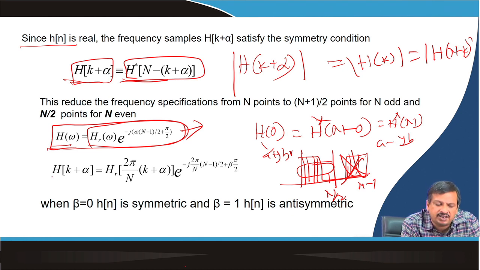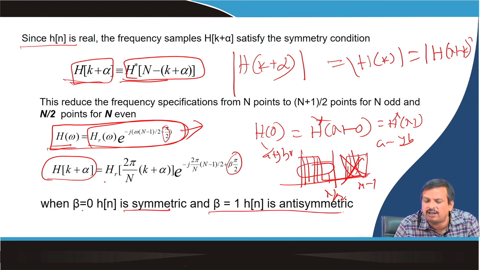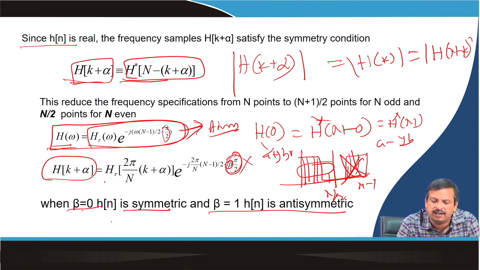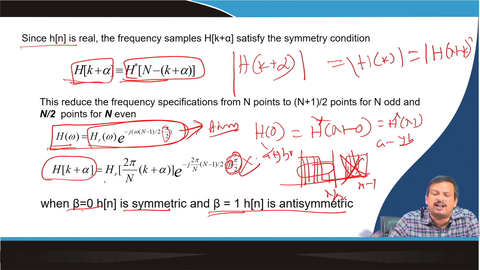Now, I make it more generalized in the sampling domain, taking beta pi by 2 instead of pi by 2. Beta equal to 0 means symmetric and beta equal to 1 means anti-symmetric. So, this is the equation of an anti-symmetric frequency response. If I multiply with beta, beta equal to 0 means it is symmetric, so this portion will not be there, and beta equal to 1 means it is an anti-symmetric filter.